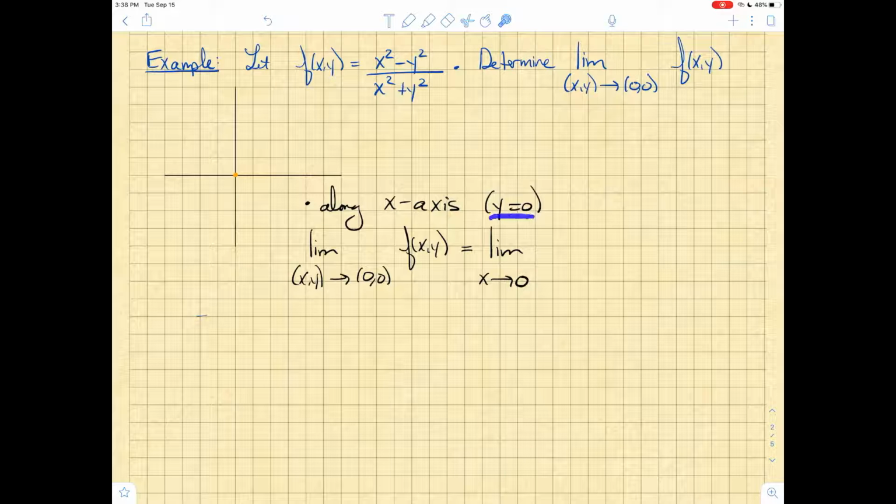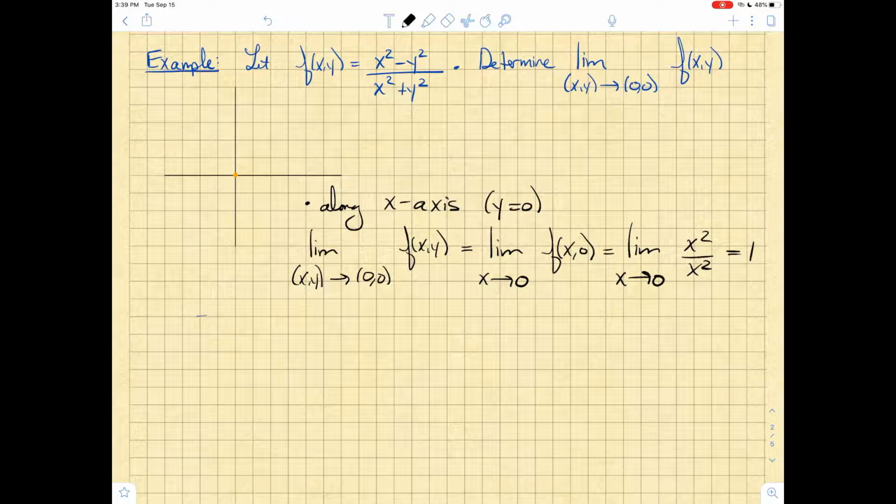Now we can plug y equals 0 into our expression, and so we get f(x, 0), which is the limit as x goes to 0 of x squared over x squared, and that's just 1.